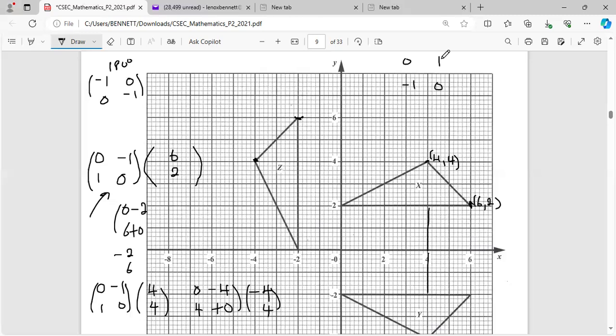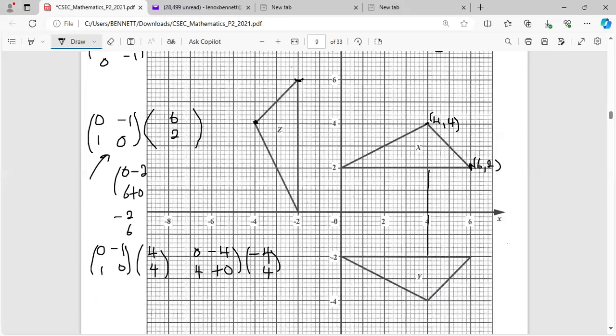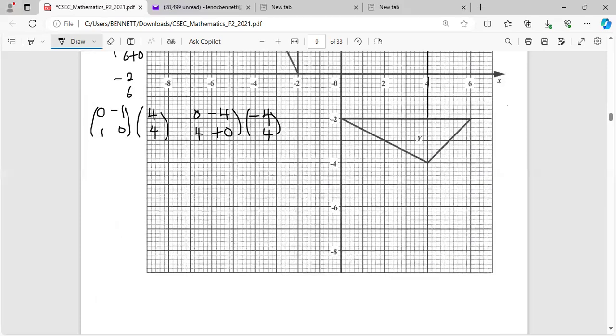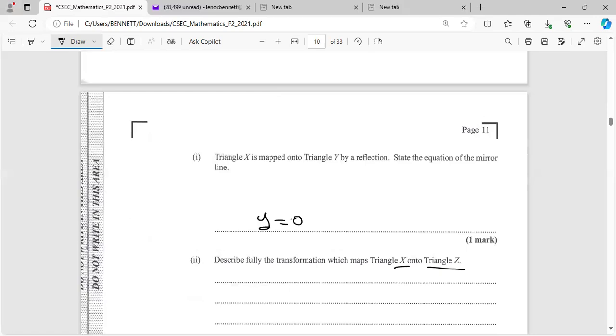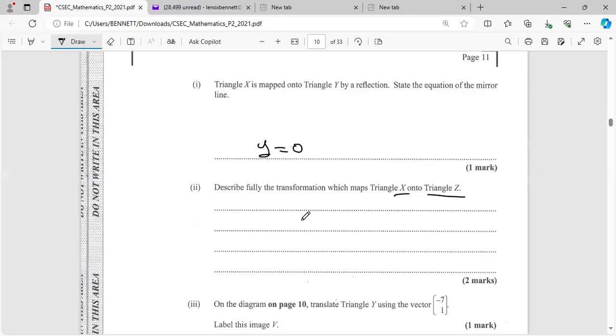And this is the 270. But as I say, guys, you have to know these for yourselves. And this is counterclockwise; you have the clockwise ones as well. So I was right, it's a rotation anticlockwise 90 degrees.